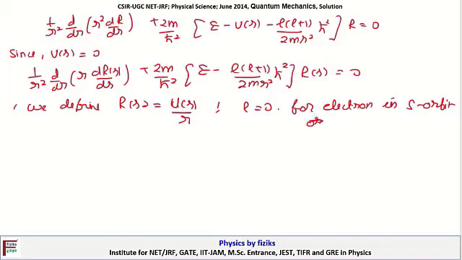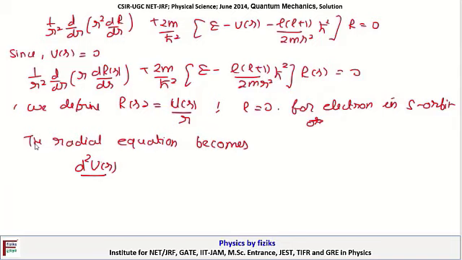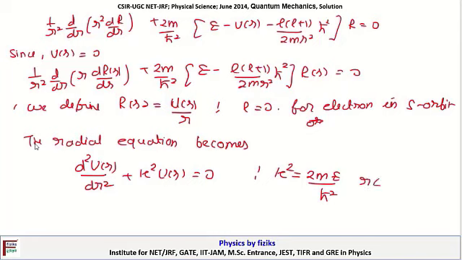So the radial equation becomes d²u(r)/dr² plus k² u(r) equals 0, where k² is defined as 2mE/ħ² for r less than a.